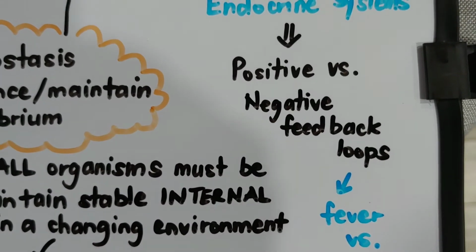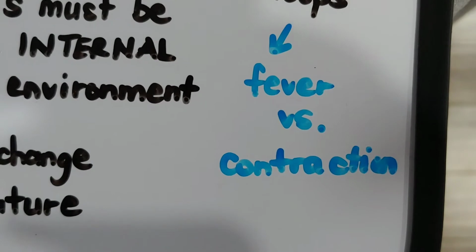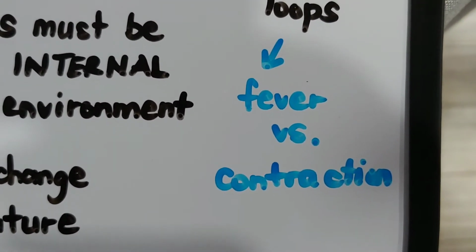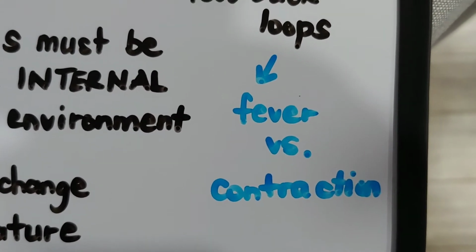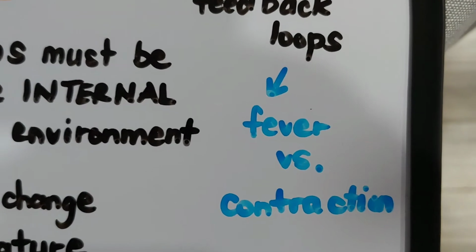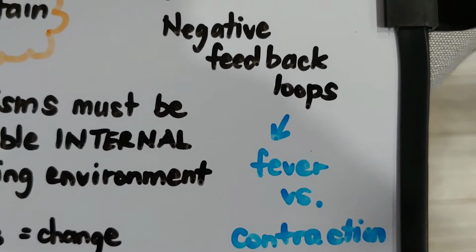So the body all of a sudden reaches a certain temperature, right, above 100 degrees Celsius, and we know that our body is fighting some sort of virus or illness, right, with the help of the immune system. So this is a negative feedback loop.